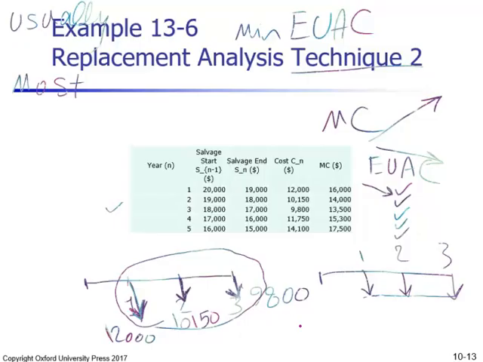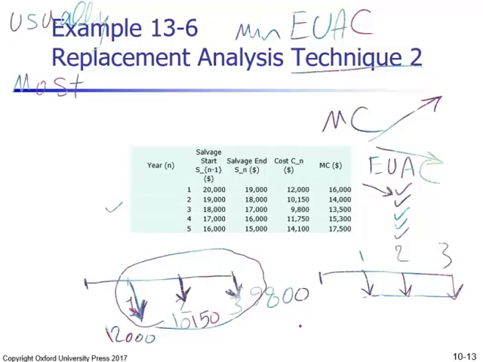Because we want to do the comparison, because of all the things we have discussed from the beginning of this course. So when you are about to calculate the EUAC, it is asking you to convert this changing 12,000, 10,000, 9,800 that happens over year 1, 2, 3 into equivalent uniform ones.